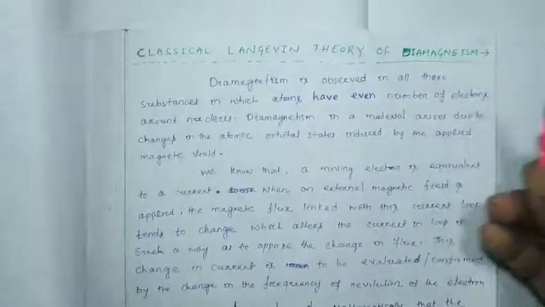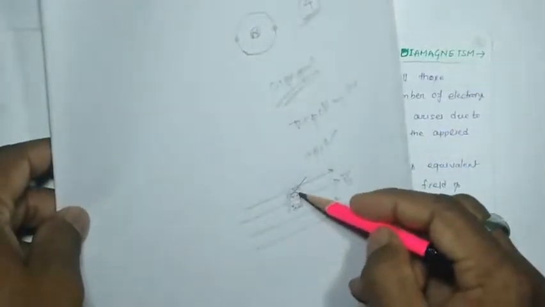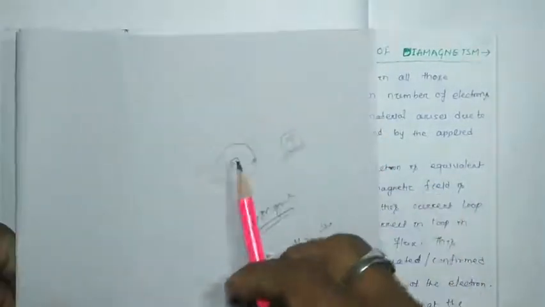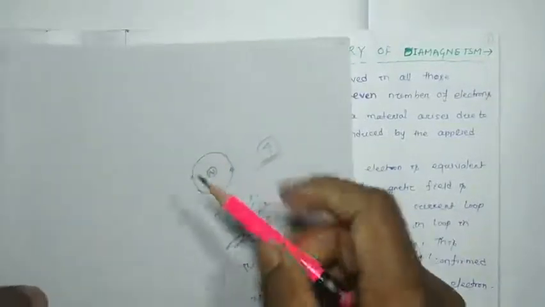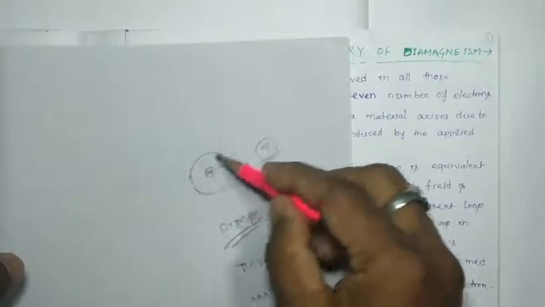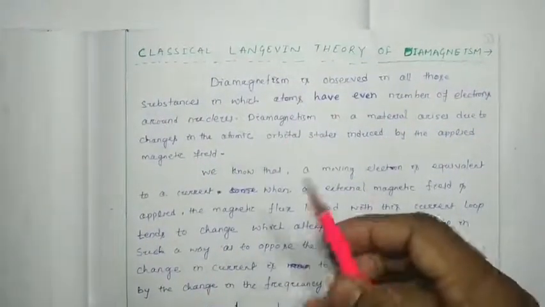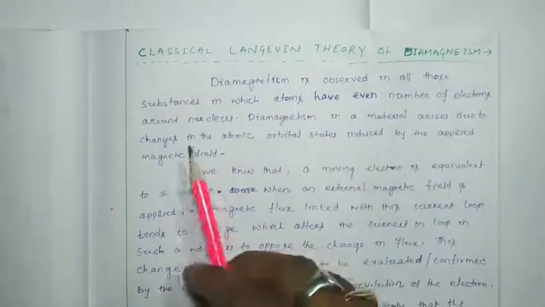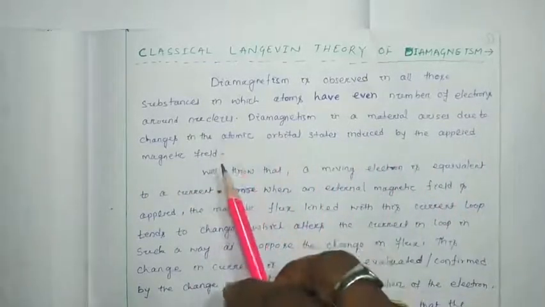This happens if the atoms of this specimen have an even number of electrons around the nucleus or in its outermost orbit. Now, diamagnetism in a material arises due to change in atomic orbital state induced by the applied magnetic field.